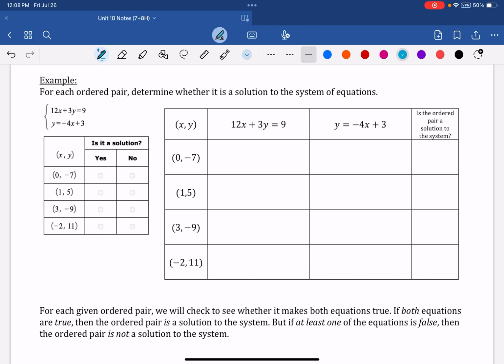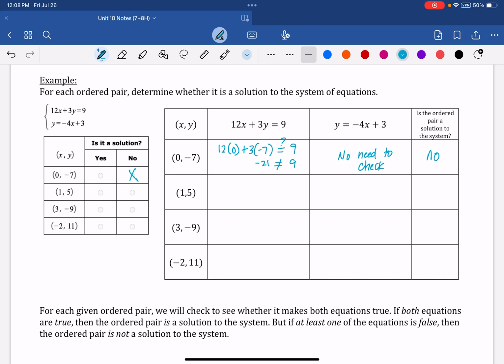So here we're going to plug in x and y. So this is going to be 12 times 0 plus 3 times negative 7. Does that equal 9? So that's 0 plus negative 21. So negative 21 does not equal 9. So we don't need to even check here, because it was not true in one of the equations, it doesn't matter if it's true in the other equation or not.